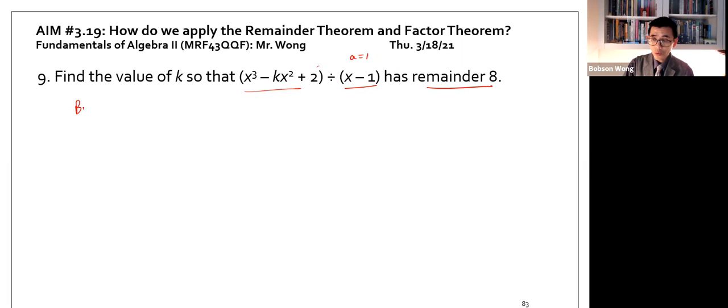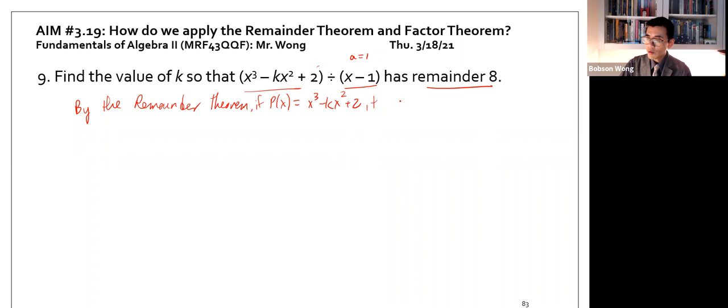So let's see what we know by the remainder theorem. If p of x is x to the third minus k x squared plus 2, p of x divided by x minus 1 has a remainder of 8.